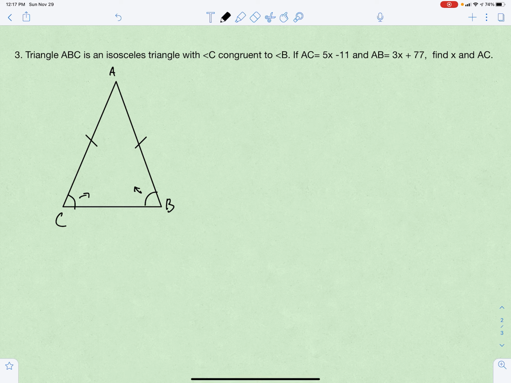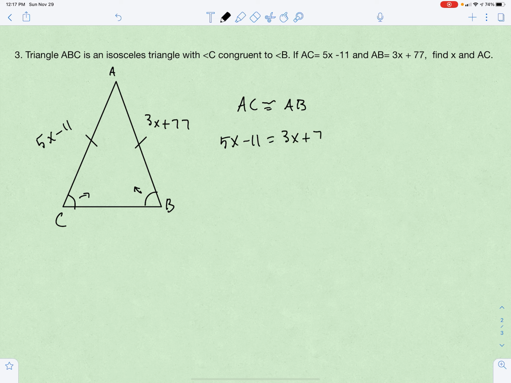It says AC is 5x minus 11, and AB is 3x plus 77, find x and AC. So I know from this picture that AC is congruent to AB. AC is 5x minus 11, which is equal to 3x plus 77. Go ahead and solve.